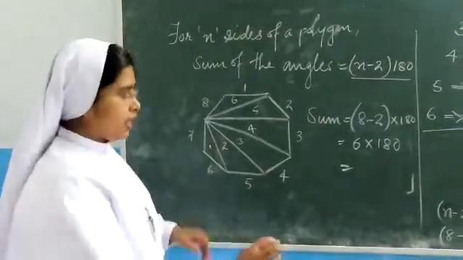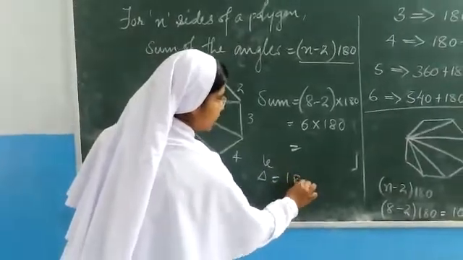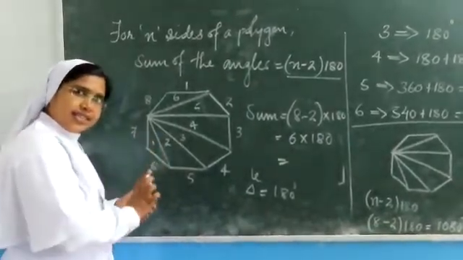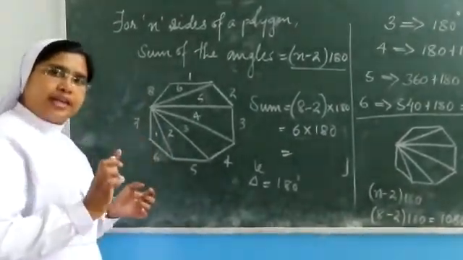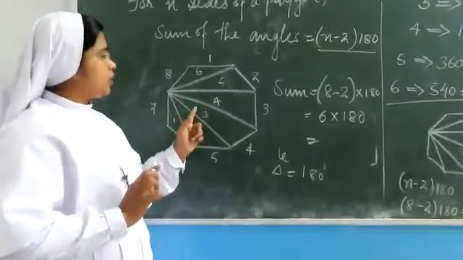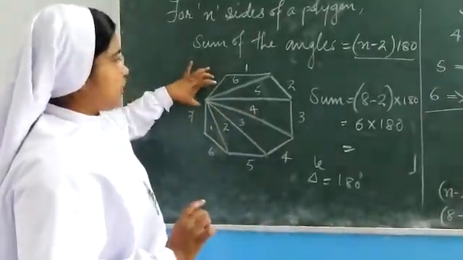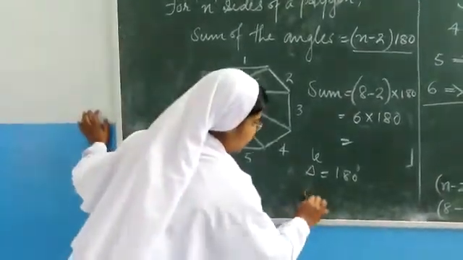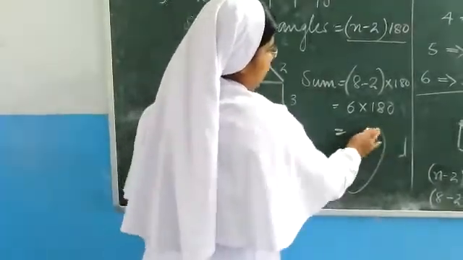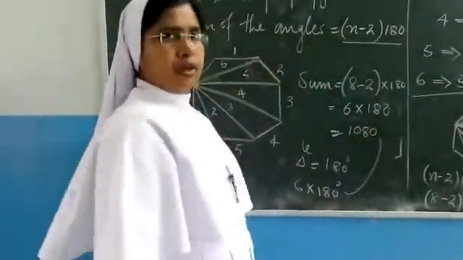We learned in the beginning, the sum of the angles of a triangle is equal to 180. How many triangles are there? 6. So the sum of the angles of this particular polygon is equal to 6 into 180, same as here. 6 into 180 is equal to 1080.